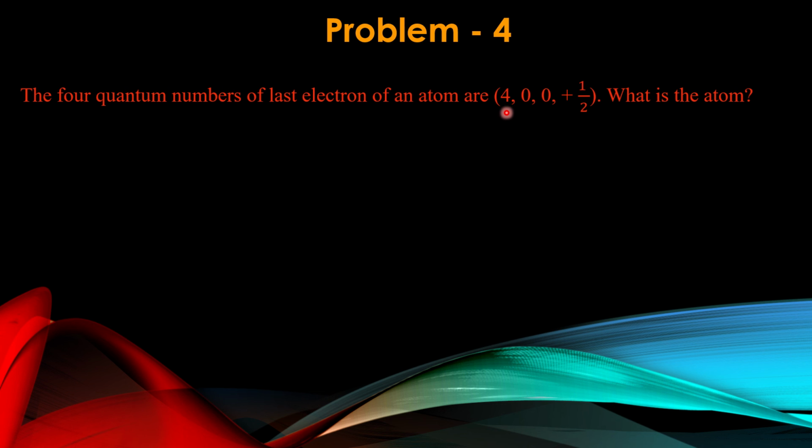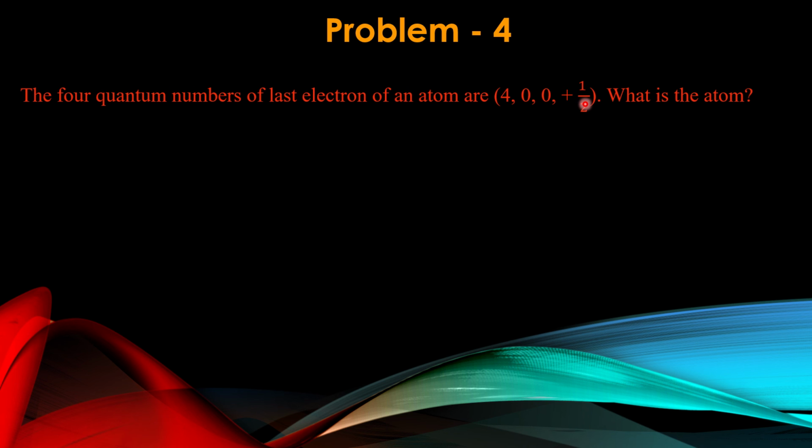N equals 4. So obviously it is an electron of the 4th shell. L equals 0. For which orbital does L equal 0? For the s orbital. So it is the 4s electron. When L equals 0, m is always 0. So it is the 4s orbital and +1/2. That means it is the first electron.